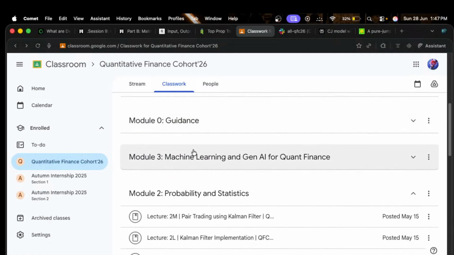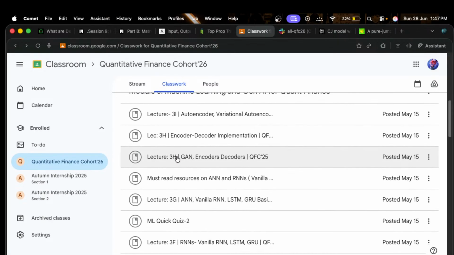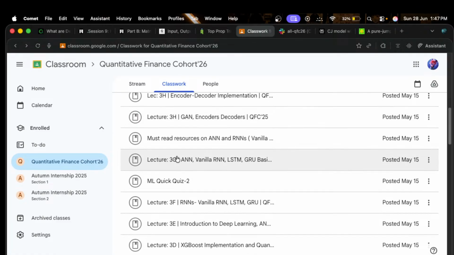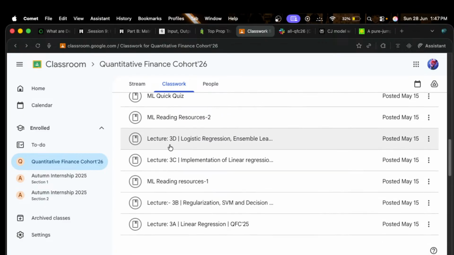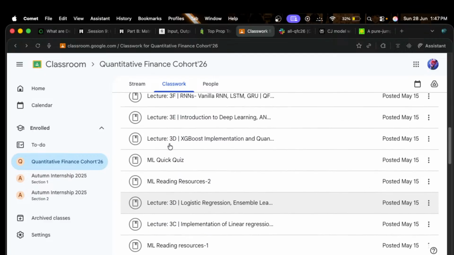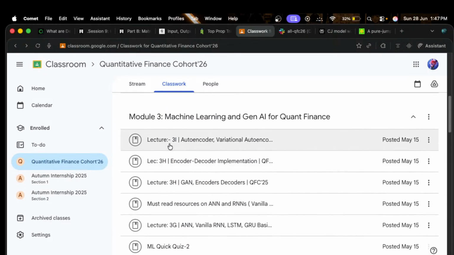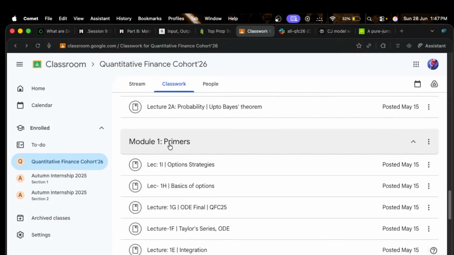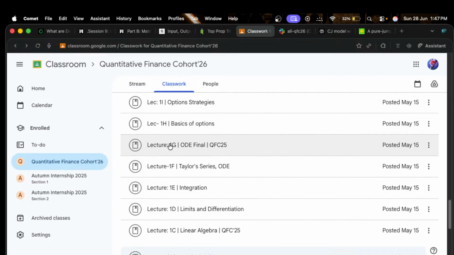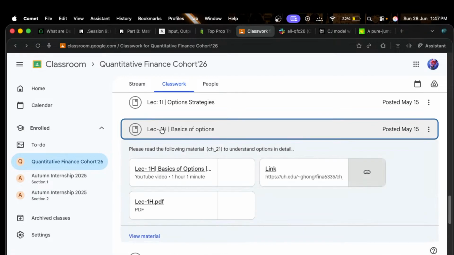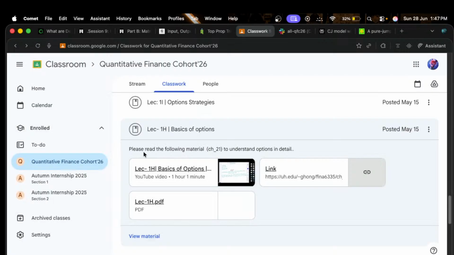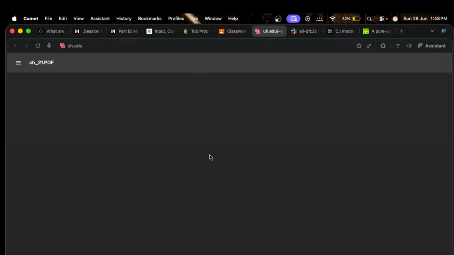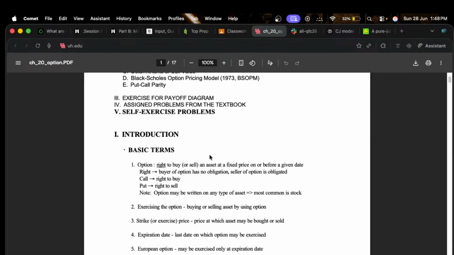Okay, and this is mainly the ML for quant. Yeah, fine. Okay, I do want to read this thing.